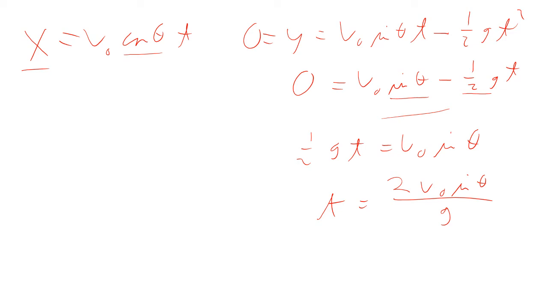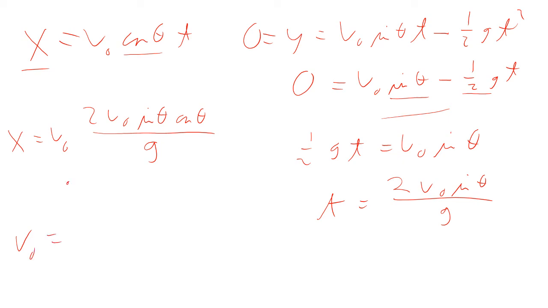If I plug that into the other equation, x equals v naught times 2 v naught sine theta cosine theta divided by g. So we do a little bit of algebra here, and we're going to isolate the v naught on one side of the equation.